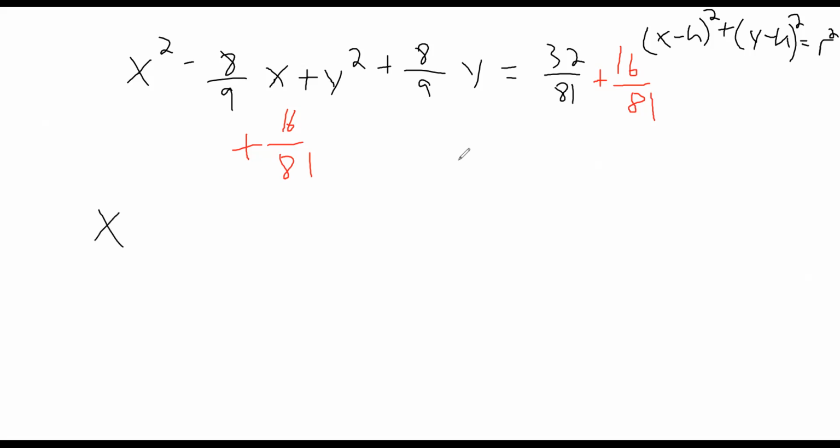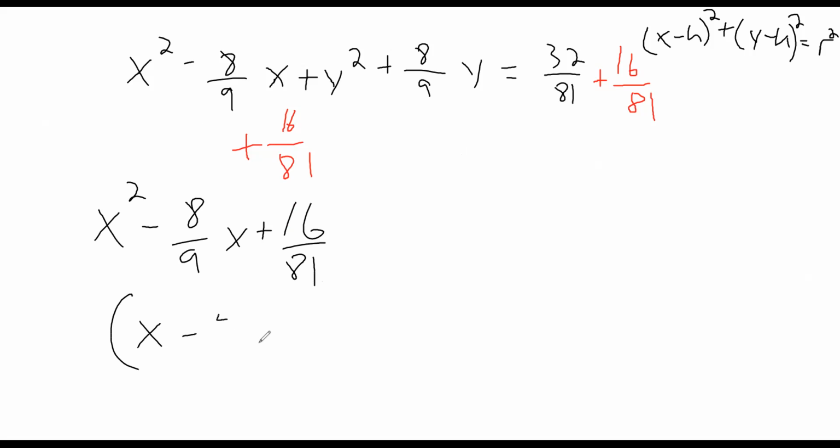So here in a moment, we're going to rewrite it like this. And even though the numbers are fractions, the math works out exactly the same, where this will ultimately factor like this. That's why we went through the process. If we took half this number, squared it, and added it to both sides, it now creates a situation where it will factor perfectly like this.